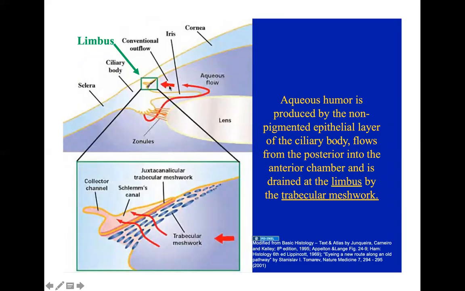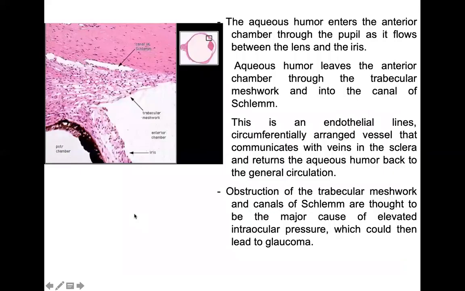Now, this aqueous humor is usually produced by your ciliary body. Okay, so from the ciliary body, it goes into the posterior and anterior chamber of the eye and is drained eventually into your canal of Schlemm by your trabecular meshwork. So from the trabecular meshwork, it eventually drains into your canal of Schlemm for it to incorporate itself into the venous system.